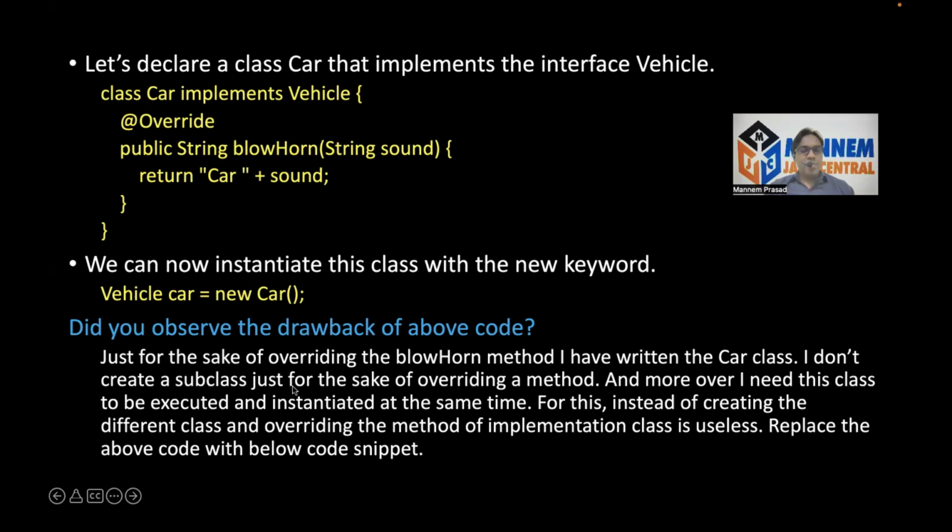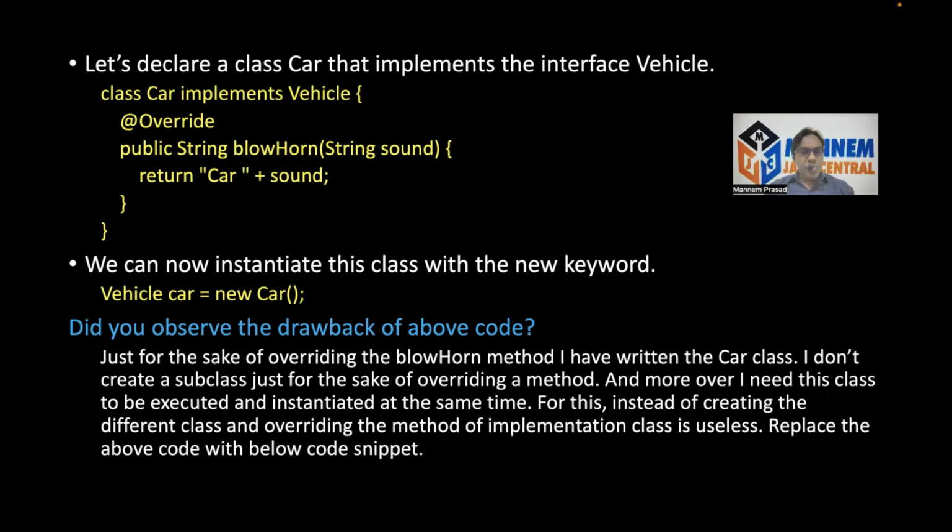So I should not create a subclass just for the sake of overriding the method. And moreover, I need this class to be executed and instantiated at the same time. See, where can I use the car class? In the main method class only, I need to use the car class. But at the time of loading that main method, I need to execute this car class.